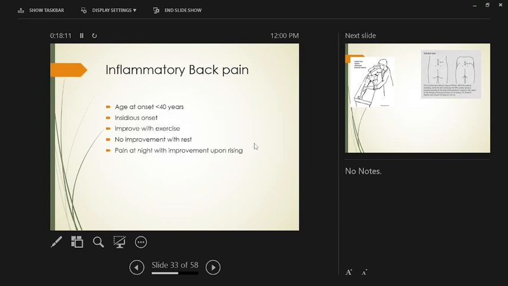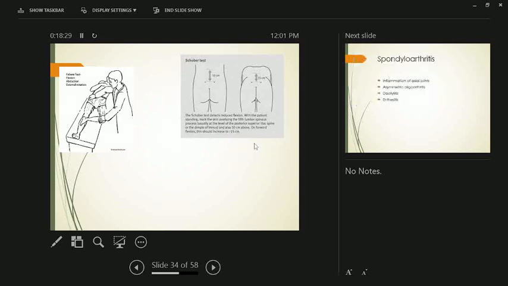The patient may have pain at night, may even wake up in the early morning with the pain, but after rising and moving about for about half an hour or 1 hour, the pain and the stiffness ease off. So these are the features of inflammatory back pain, but it's a bit difficult to determine whether it's inflammatory or non-inflammatory.